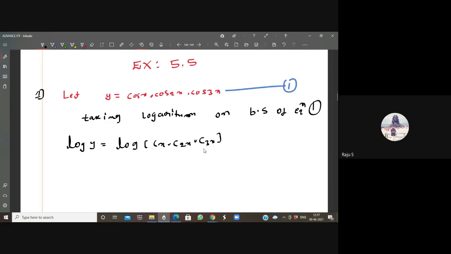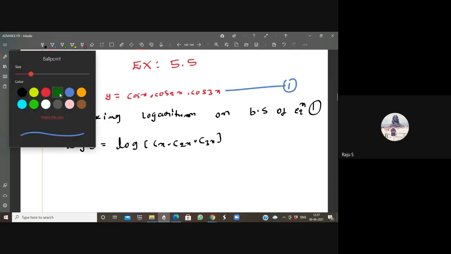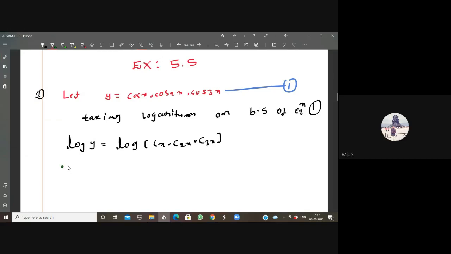Am I right, students? Right. This RHS is in the form of log ABC. What is the log ABC formula? Log A plus log B plus log C.